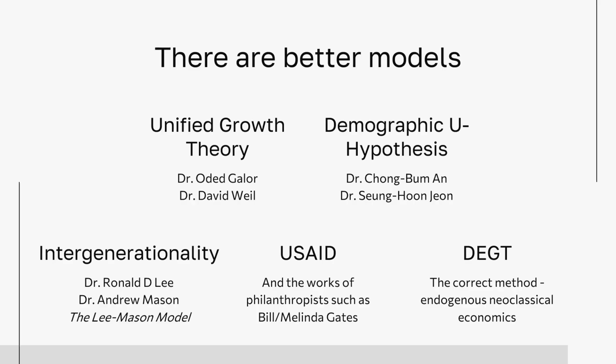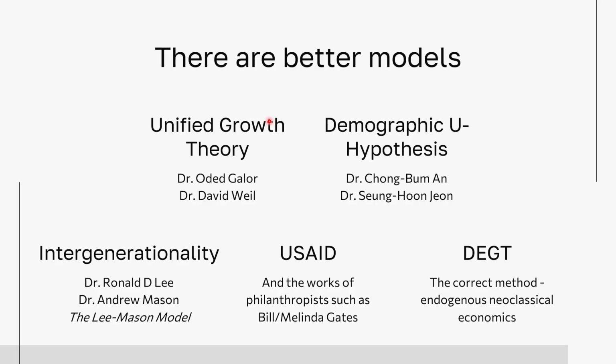So, starting with unified growth theory by Dr. Oded Galor, and I think he was also assisted by David Weil. Unified growth theory correctly posits that before nations can develop, they first need to go through a demographic transition. UGT broadly defines that as the adult population growing faster than the childhood population, which again maps to the quantitative measures of getting more adults per capita.